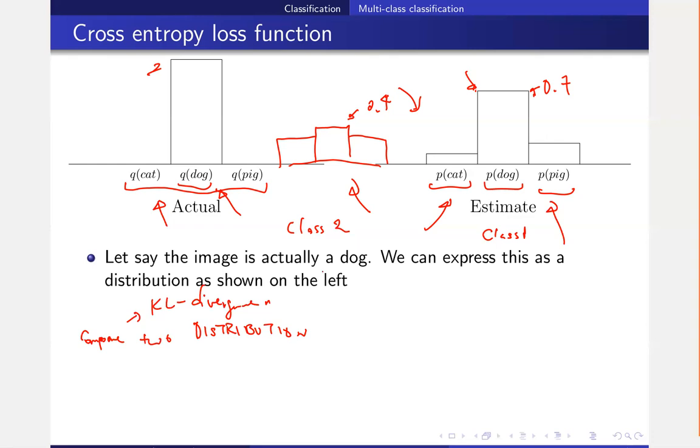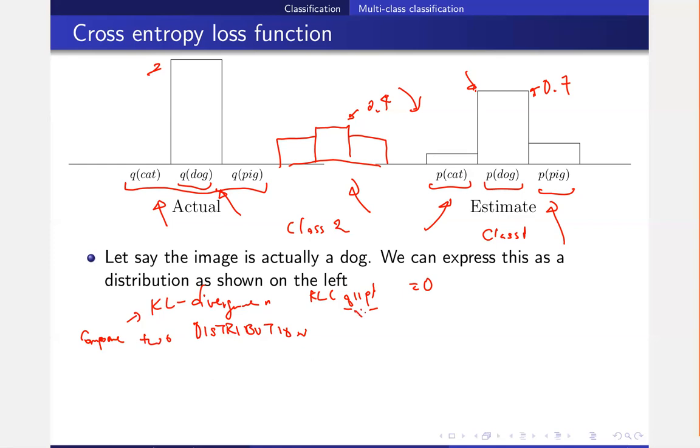So I will have, for example, KL of Q and P. This will be how different these two distributions are. Basically, if these two distributions are the same, I will have KL-divergence equal to 0. If they are not the same, it will be larger than 0.